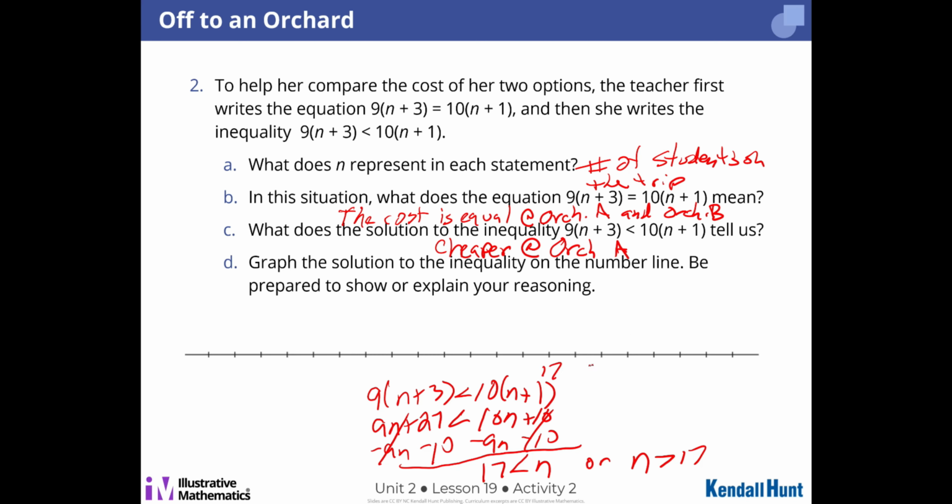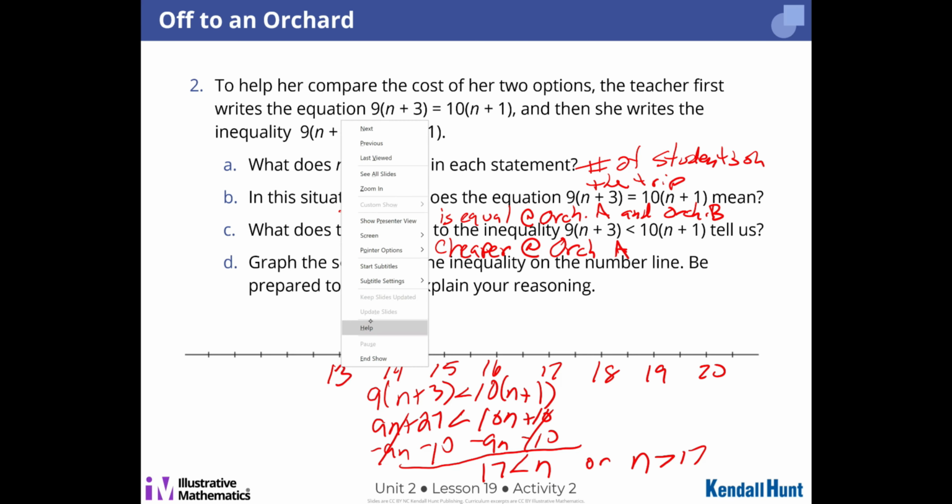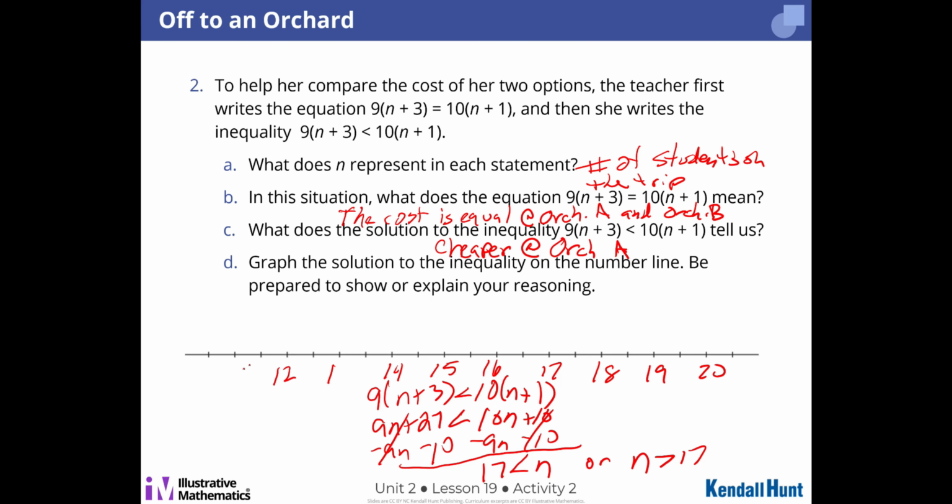So we can just draw 17, 18, 19, 20, 16, I'm skipping them a few, 15, 14, 13, 12, 11. So we'll put an open circle above the 17.